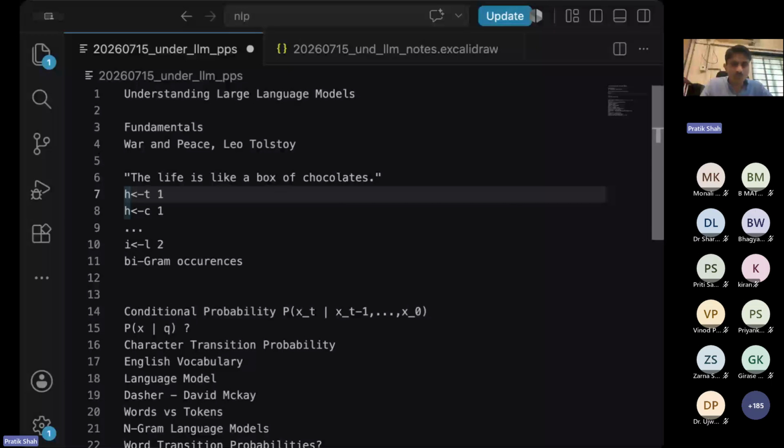Reason being, something or the other has to come after T. Correct. So that means it's like a probability score. The more bigrams I observe of a particular type in a sentence, the more likely that particular pair is in the language.